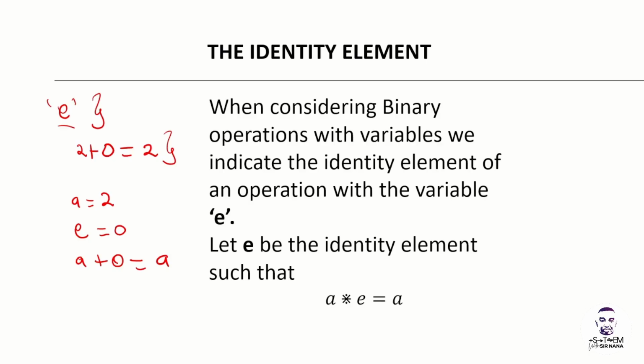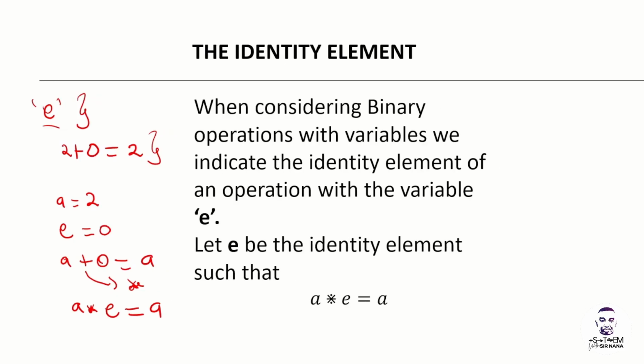Now let's assume the plus represents an operation. Then we have a operation e equal to a, where 0, the identity, is e. So we say let e be the identity element such that a operation e is equal to a.